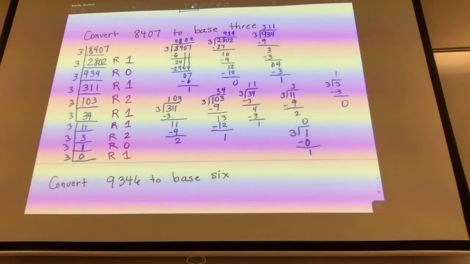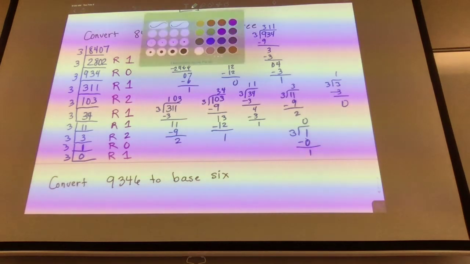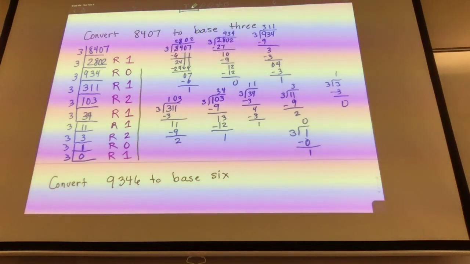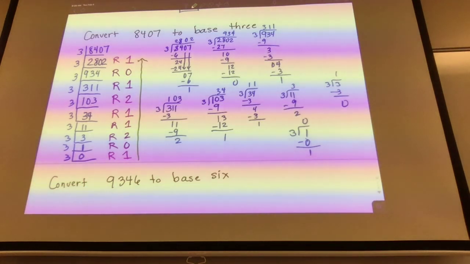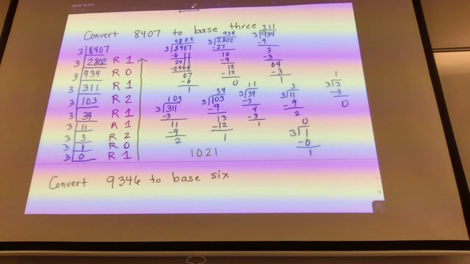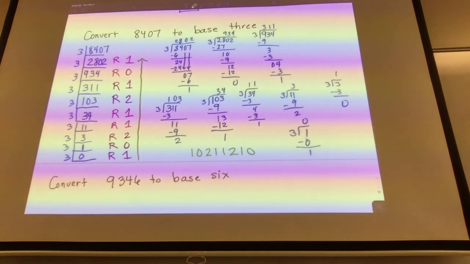And then here's where we're going to go from. We will take this and go from bottom up. So it's going to be 1 0 2 1 1 2 1 0 1.